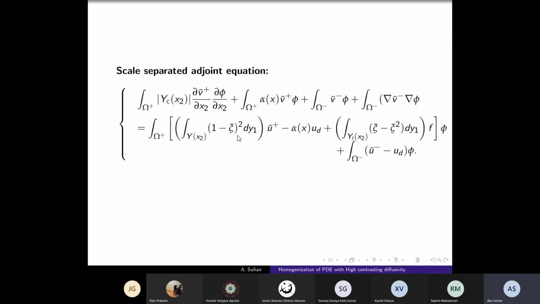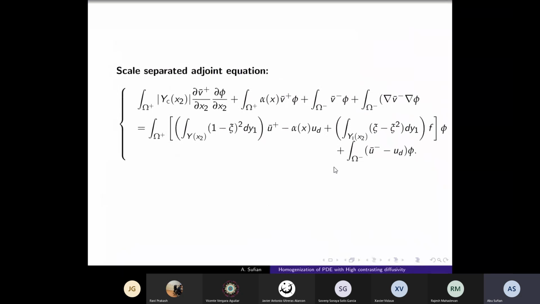So in the right hand side we have integral over Ω plus integral over Y x2 of (1 minus xi) squared dy1 u bar plus alpha x, as we defined in the beginning, minus alpha x ud plus integral over Y x2 of (xi minus xi squared) dy1 f into phi plus integral over Ω minus (u bar minus ud) into phi. So this is the scale separated adjoint equation.